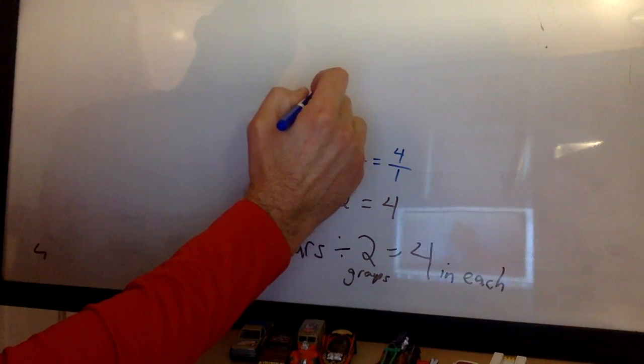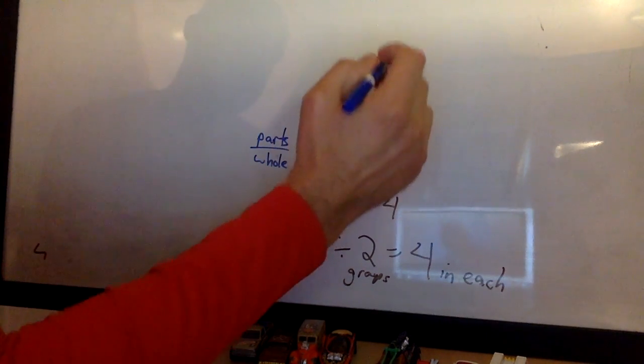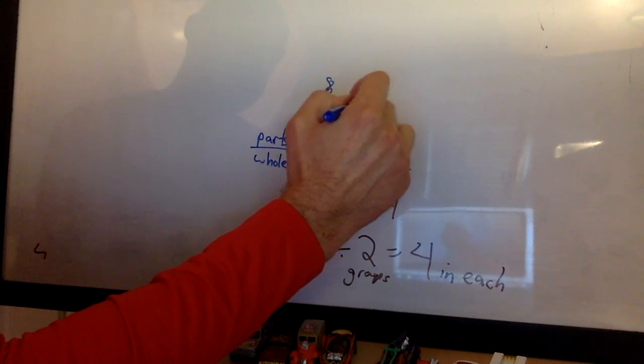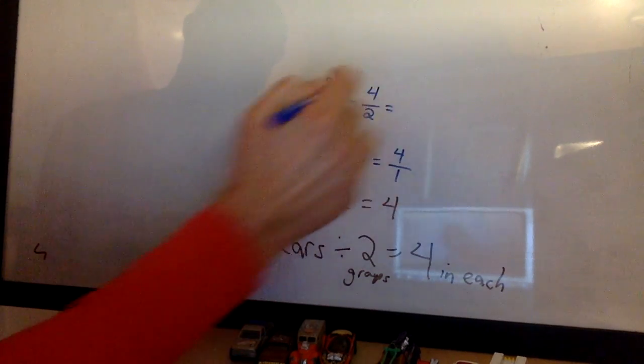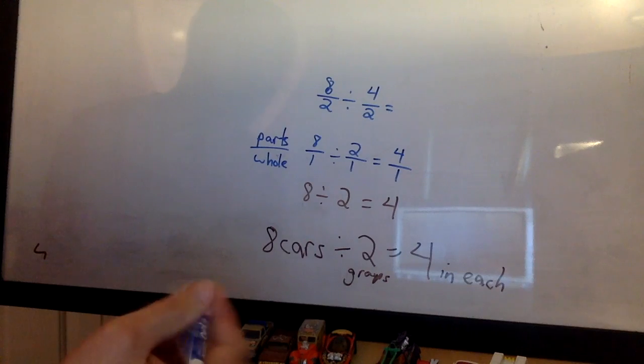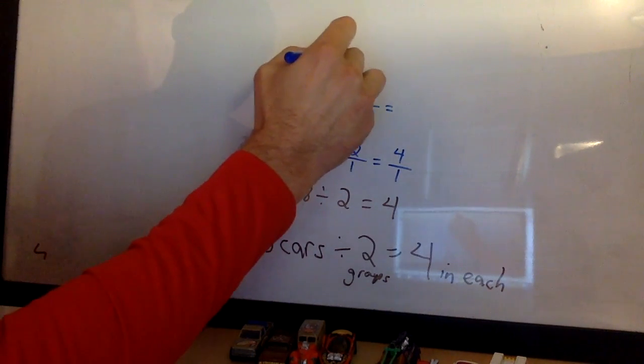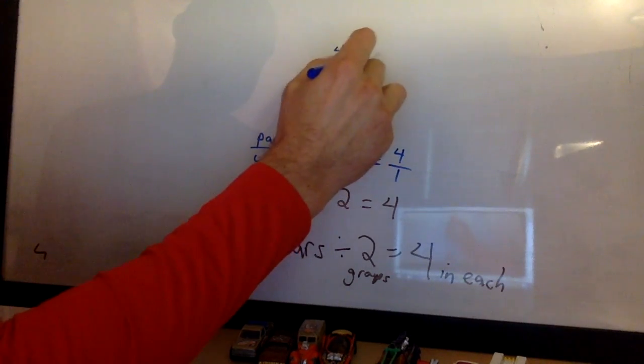If I said 8 over 2 divided by 4 over 2. Those are fractions, right? They're still improper fractions, and really I could simplify that to be 4 divided by 2, right?